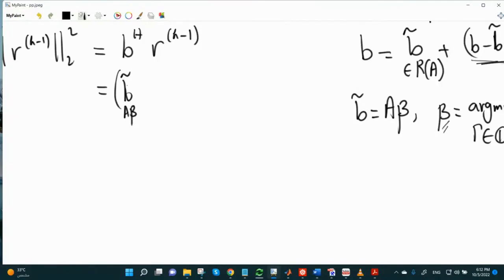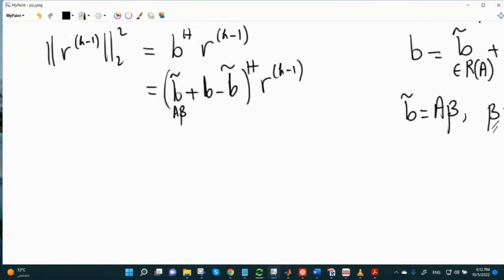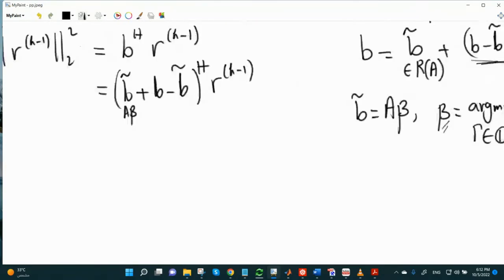This is the part in vector B that is in the range of A, and then there is this part of B Hermitian R_{k-1}. Now note that this thing is an L2 norm squared. So this quantity is real valued and non-negative. There is an inner product here, but because of this equality, it is a quantity that is real valued and non-negative.